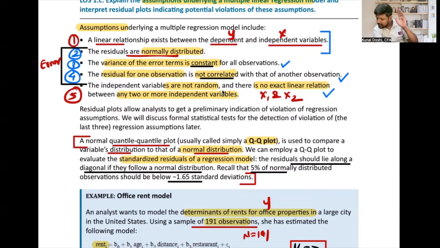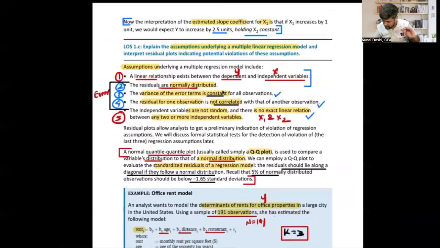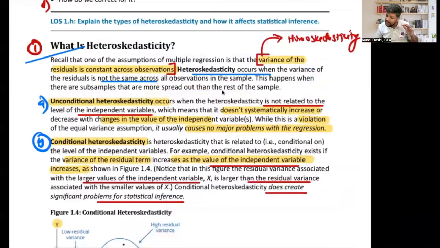And here, the assumptions: residuals are normally distributed, the variance of the error term has to be constant, and the residual for one observation is not correlated with the other. So, guys, looking at that, when we went on to understand the conditional heteroskedasticity, it was basically violation of which assumption, everyone in the class?